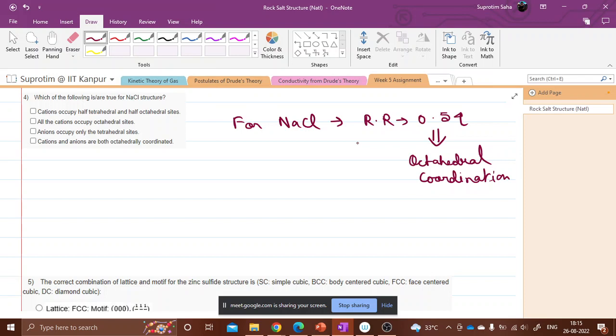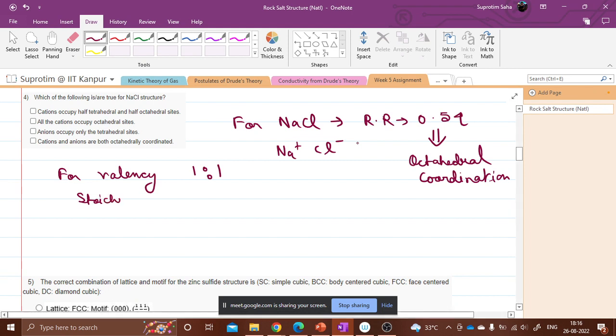So the cations and anions will have the same occupancy because for valency this is 1:1, right? Stoichiometry also has to match.